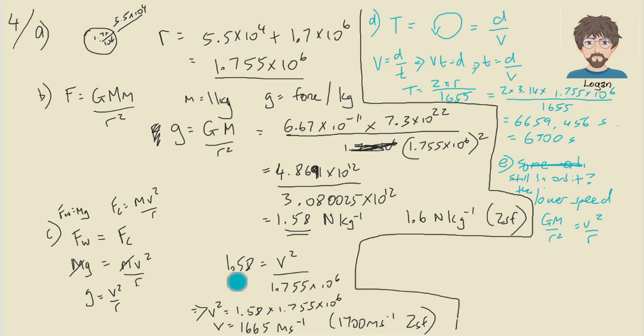Multiply both sides by r, you get v squared equals GM over r. And what that tells you, if these two are the same, then as you increase the radius, the velocity goes down. Decrease the radius, velocity has to go up. This is the velocity for a stable orbit.